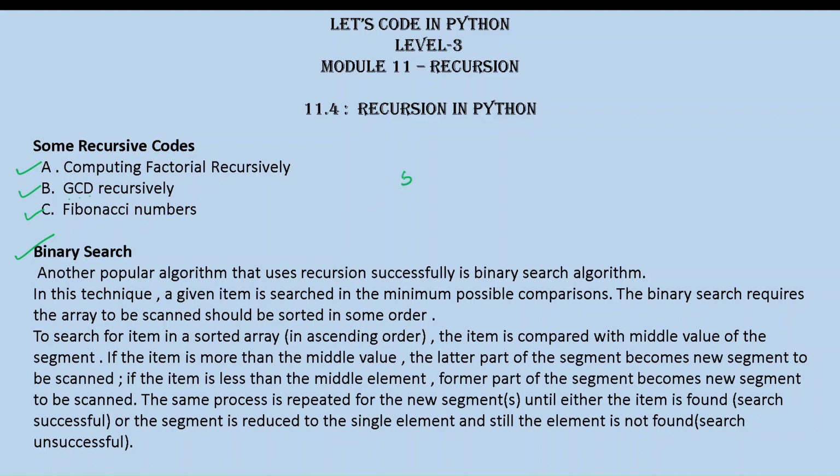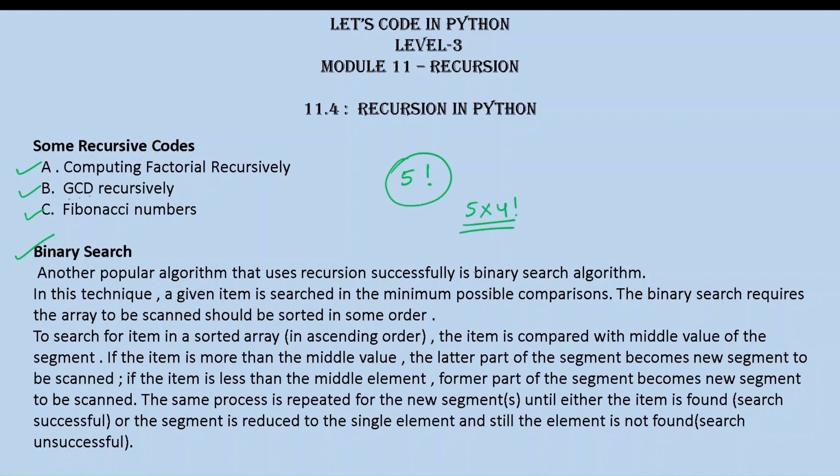What is the factorial of a given number? Say, for example, if I ask you to find out the factorial of 5, you know how you have to go about this using a loop. So you just have to think about it in a different way: how can I write 5 factorial as 5 into factorial of 4?